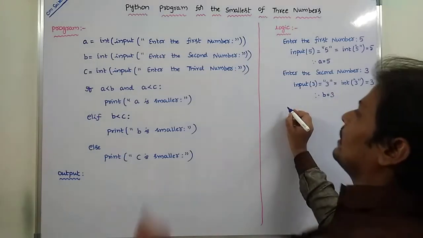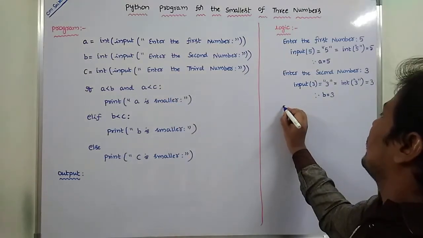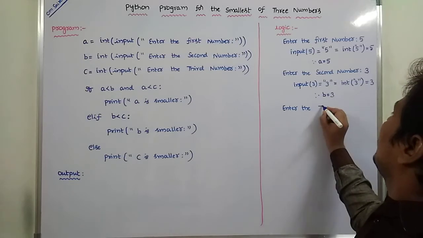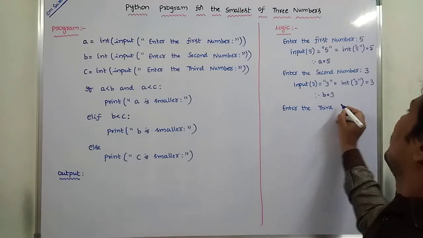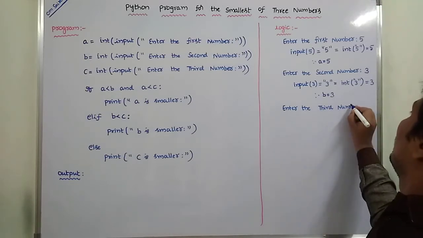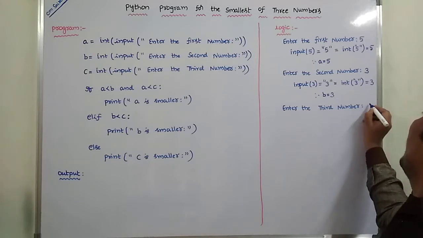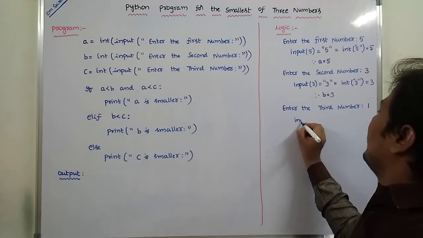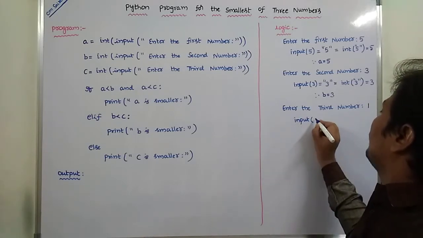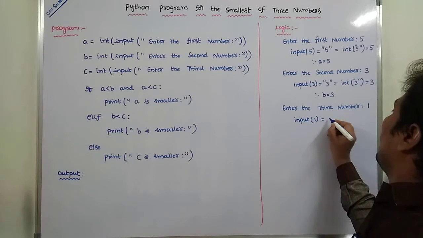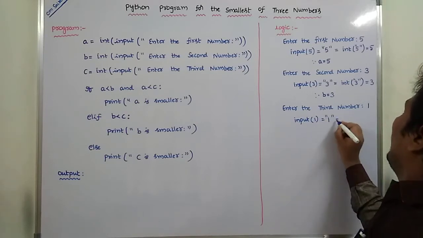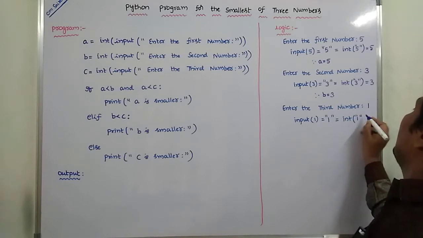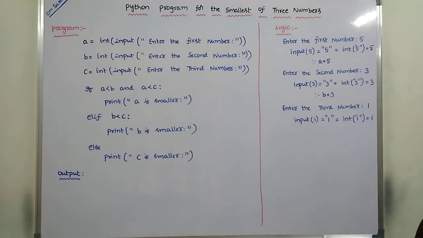Next we go for the third statement. Enter the third number. I am entering 1. This 1 is taken by the input function, which returns the string 1, and this string 1 is typecast by int, which returns integer 1.